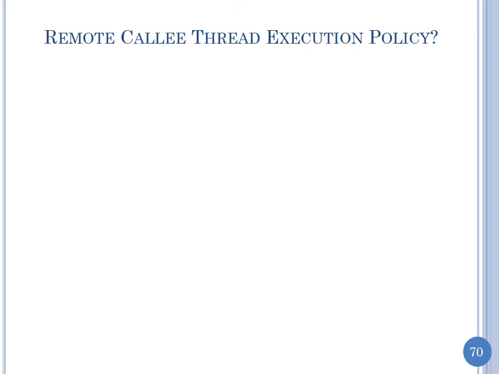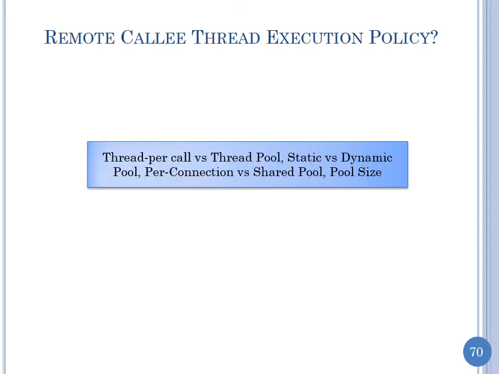Then the call gets transferred to the callee process, and that transfer is magic. So the question is, what threads, if any, are executing those calls there? Where is the work really being done? Who's doing the work?